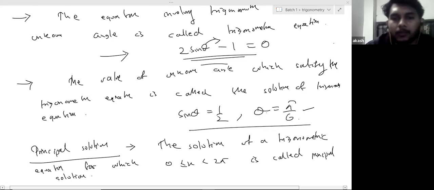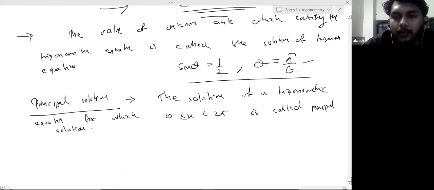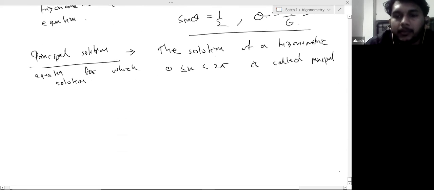All right. So we try to find two different kinds of solutions for any trigonometric equation. One is called the principal solution. What is a principal solution? Where the angle is between 0 and 2 pi. Why is that?